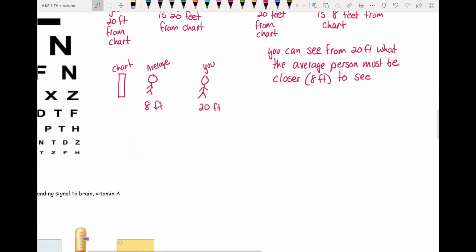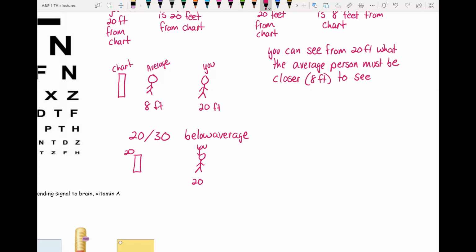So then poor vision, let's say you were 20/30. This is below average. If you were 20/30, here's the chart. Here's you at 20 feet.